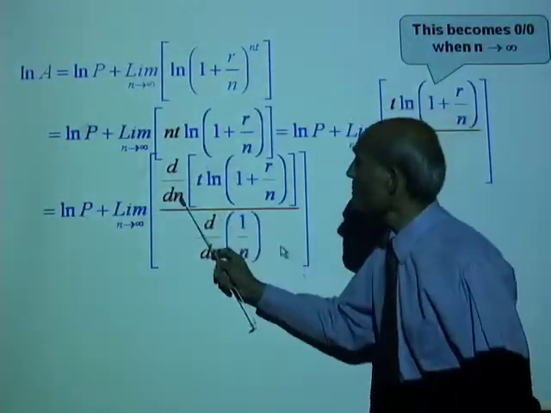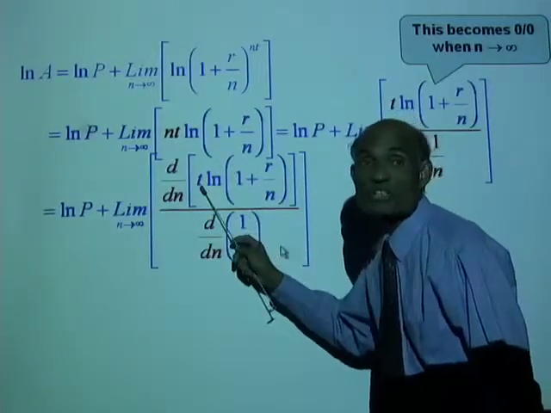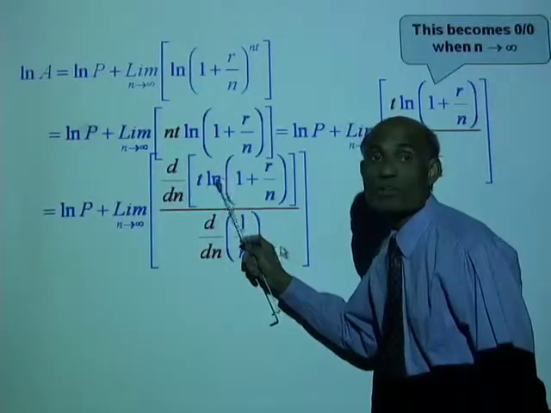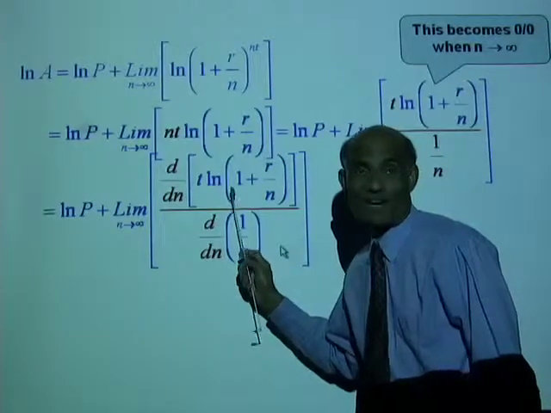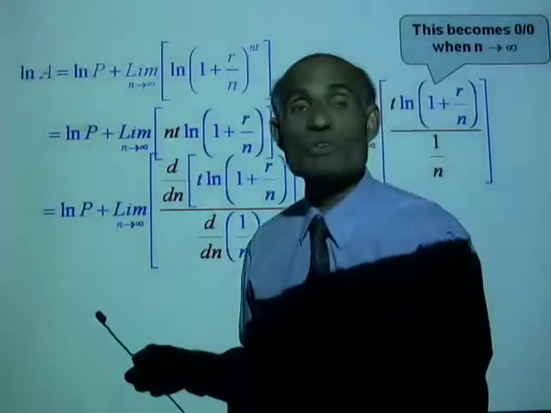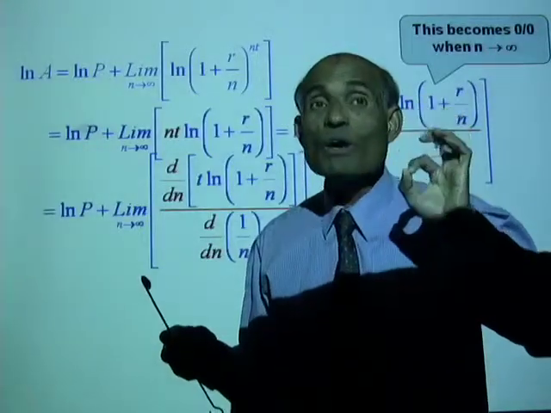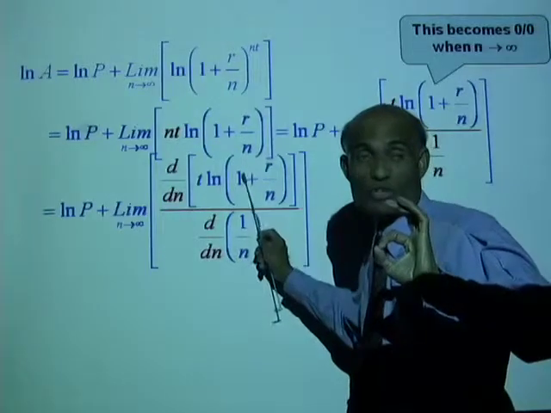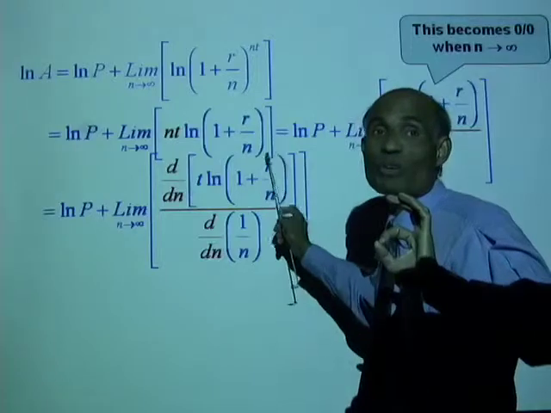Alright, what is d by dn of this quantity, since t is a constant? And remember again, the derivative of an ln quantity. Now, I'm going to repeat that again. The derivative of an ln quantity is 1 over that quantity, multiplied by the derivative of this quantity.